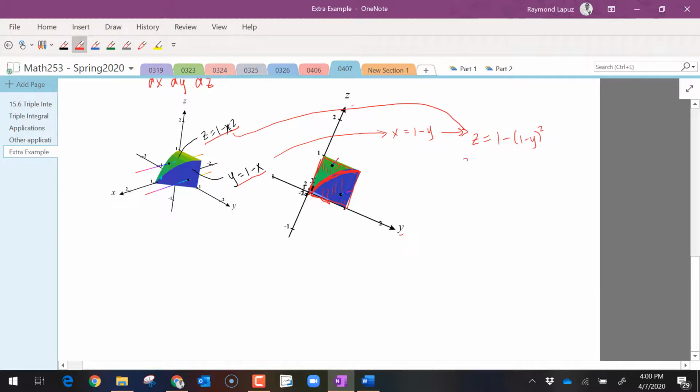Let's simplify it a little bit. 1 minus, and then we have to FOIL this out, 1 minus 2y plus y squared. The 1's would cancel, and the negative becomes a positive, and the positive becomes a negative. So this function here is that z is equal to 2y minus y squared.